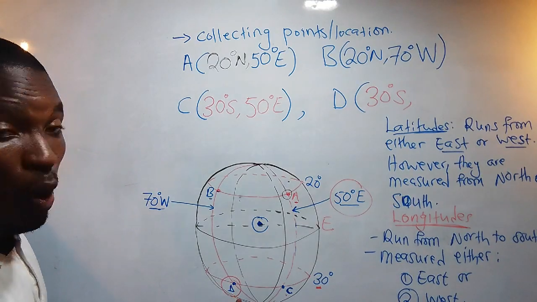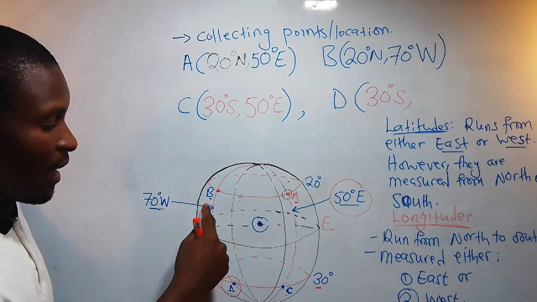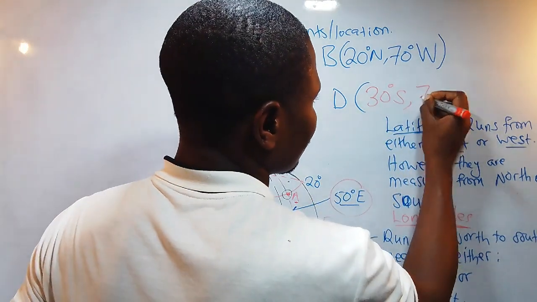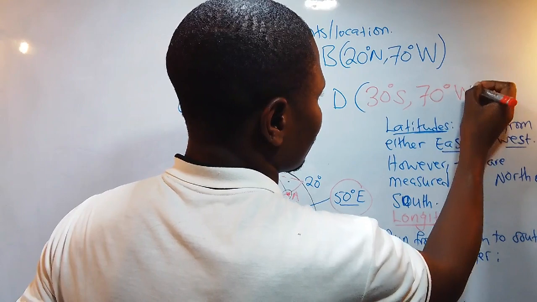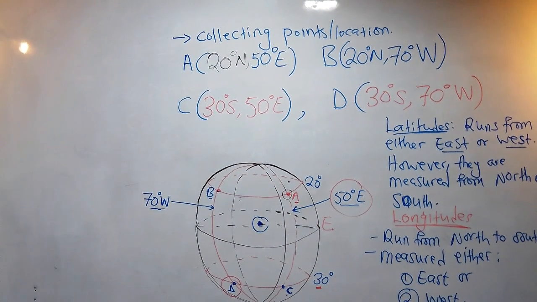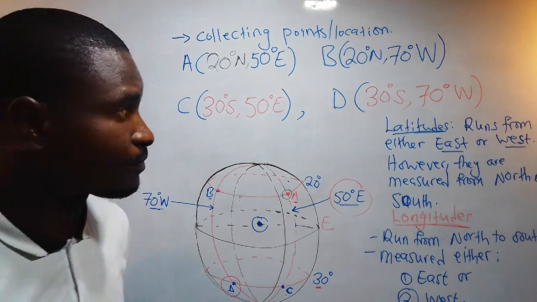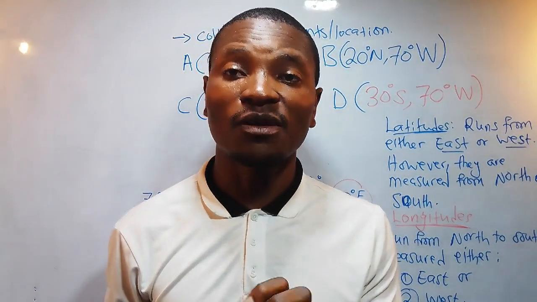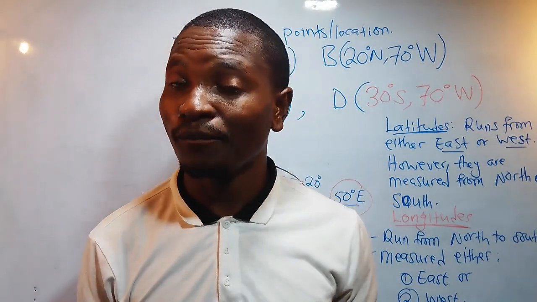Now D is on the same longitude as B, so we pick 70 there. So that's how easy it is for you to collect the points.